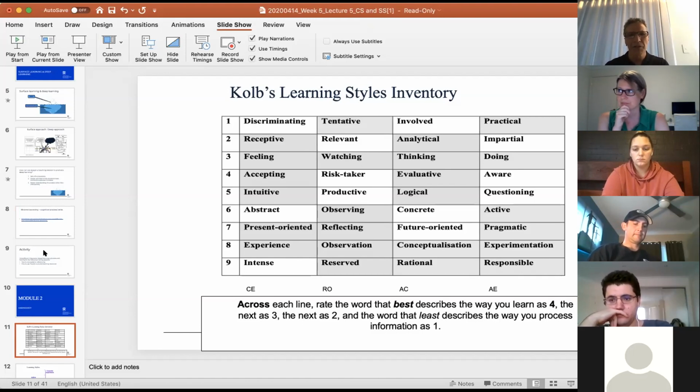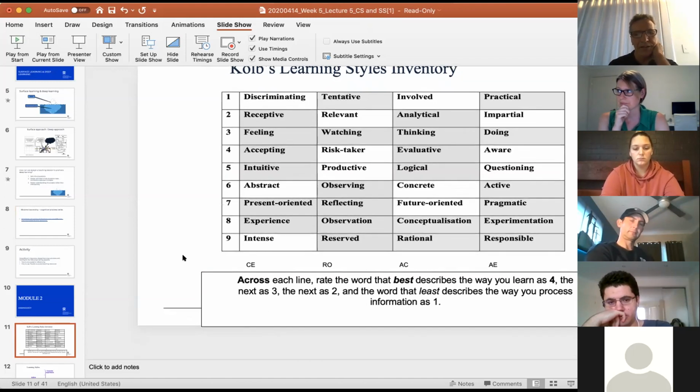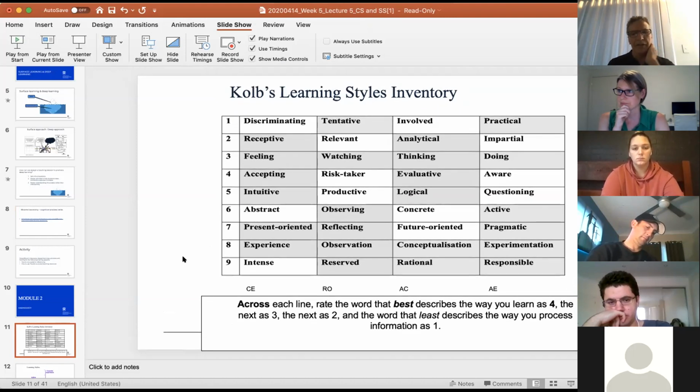Kolb did a lot of work on this in his learning styles inventory, and he developed a number of different levels so that people could map their learning styles.